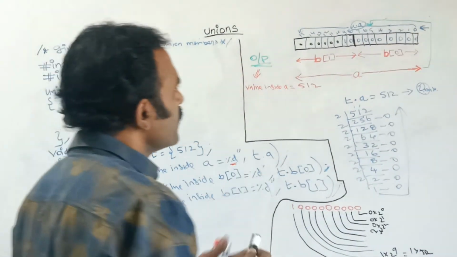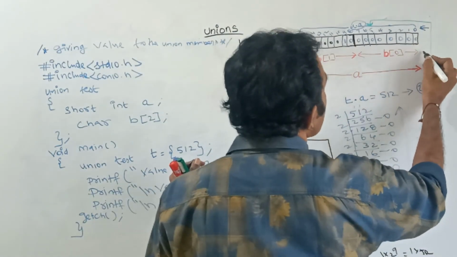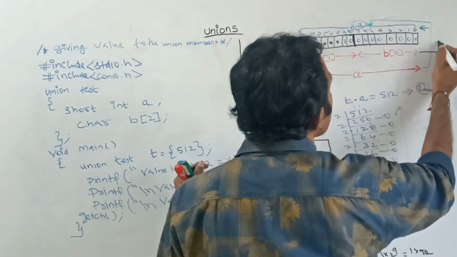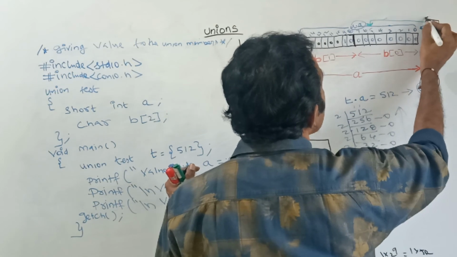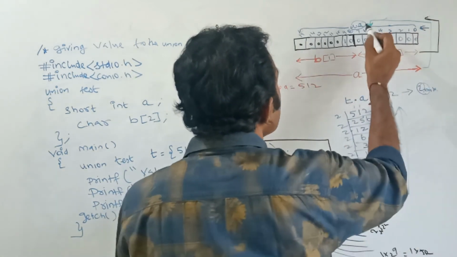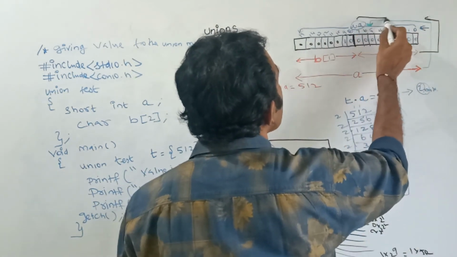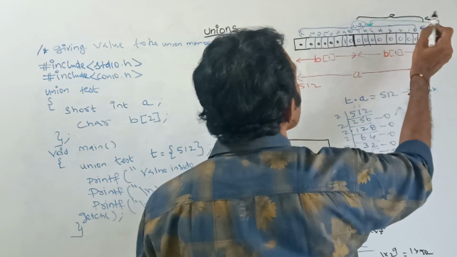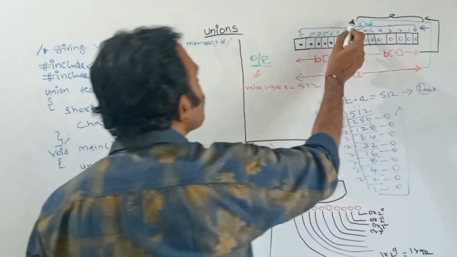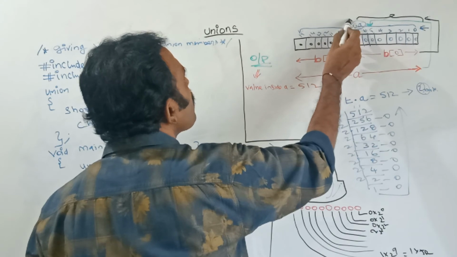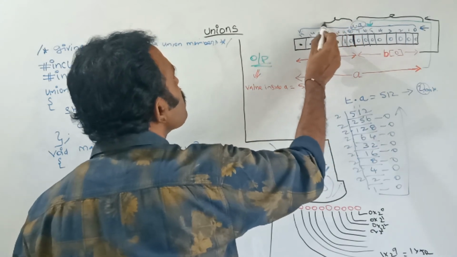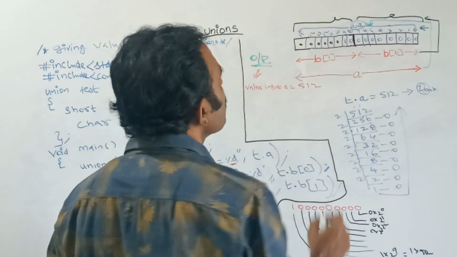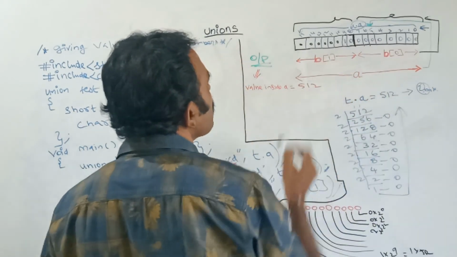Next for B. For B, the weightage value will be here: this one for B of 0, and from the 8th bit to this bit is for B of 1.